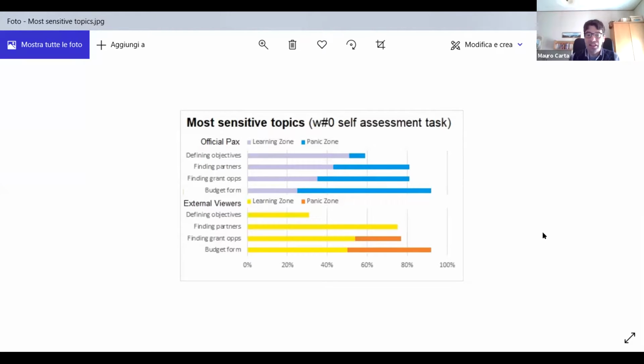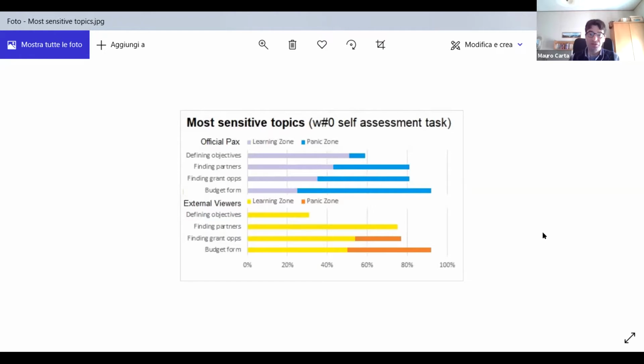You can see in the upper part of this chart, in blue-gray, their responses, whereas in the lower part of this chart, you can see the responses from the external viewers from Facebook. They are quite similar. If you remember well, it was the task when we asked you to place the elements in the comfort zone, learning zone, and panic zone.